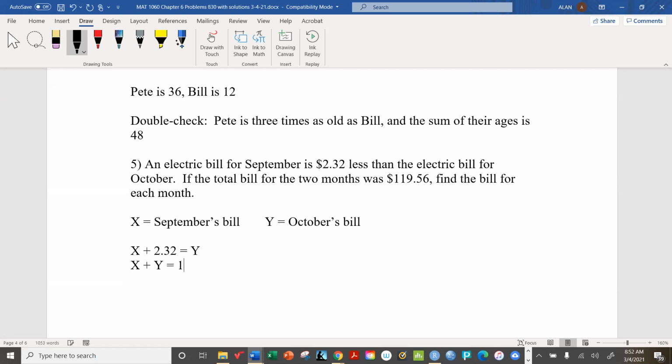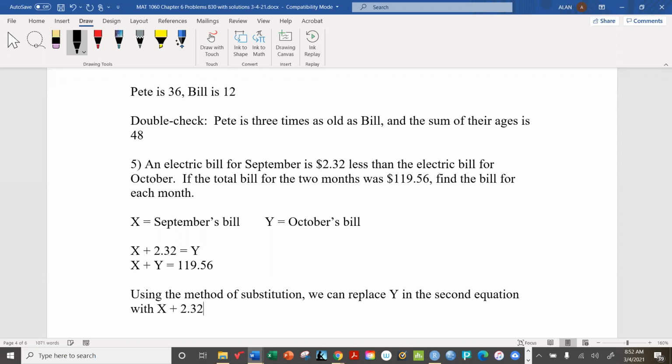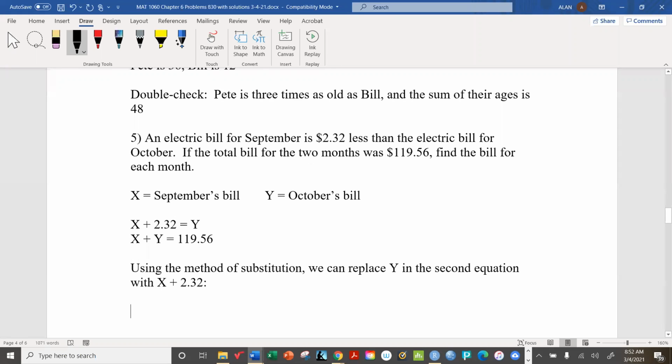is 119.56. All right, so using the method of substitution, we can replace Y in the second equation with X plus 232. And again, there are several ways you can do this. The goal is to make it as simple as possible.